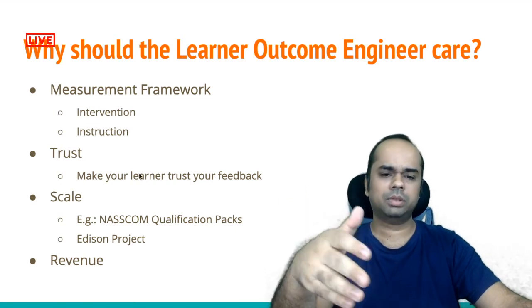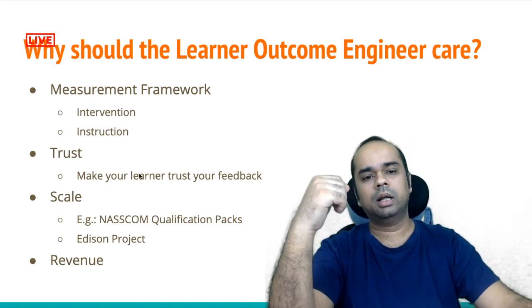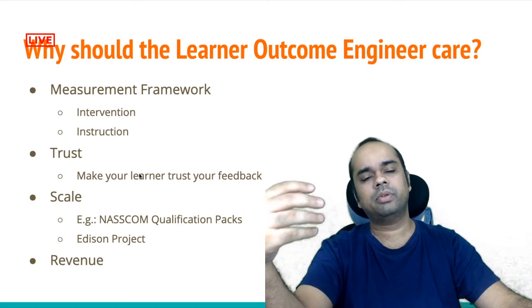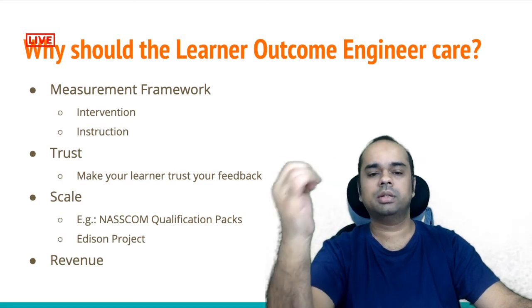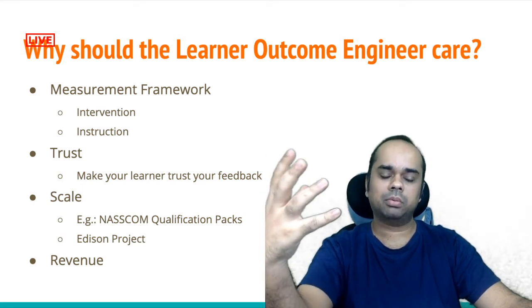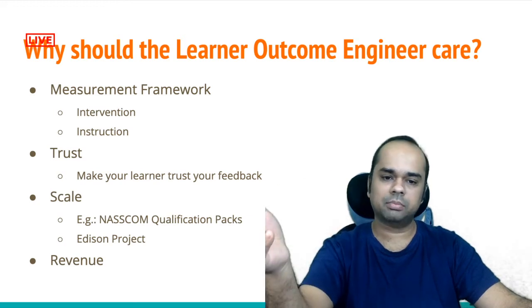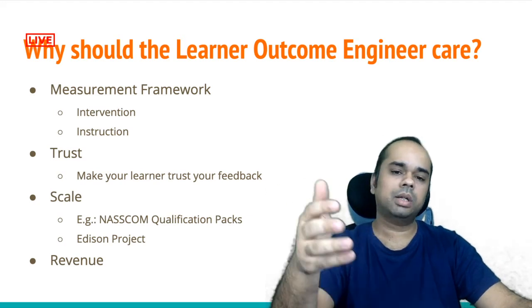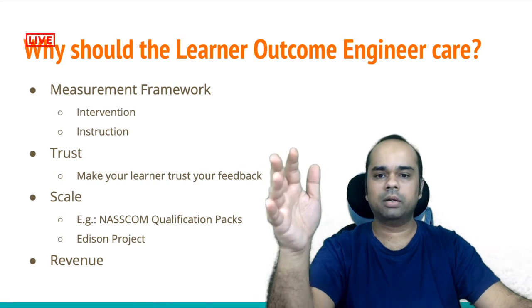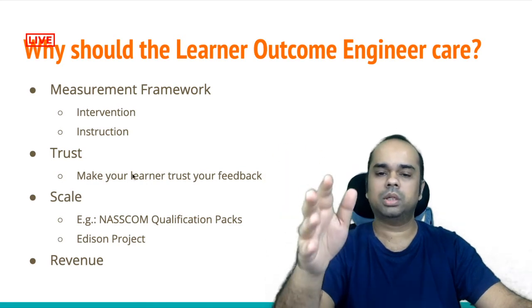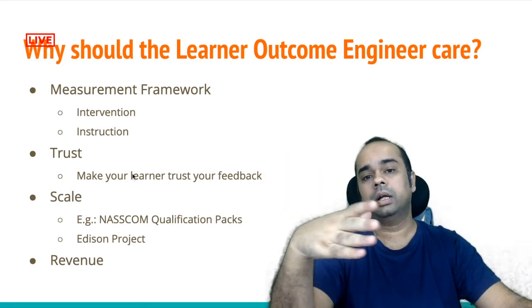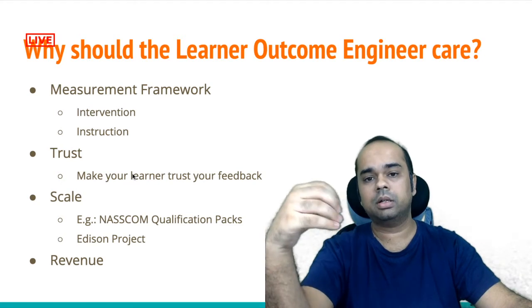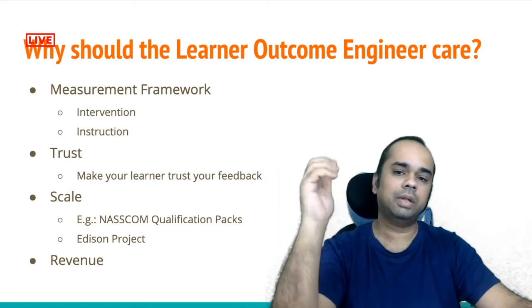I would like to bring out, and I'll share some of these things, going more into the measurement framework, standardization, measuring skills. NASSCOM has something called qualification packs, and we'll have a look at it, and something called the Edison project. This is a global kind of thing. There are a lot of people who do these things for different fields, different competencies and different areas, so we'll have a look at it.